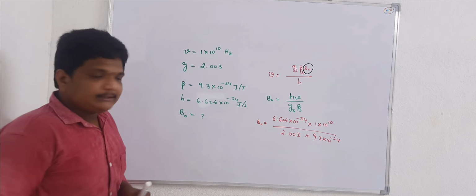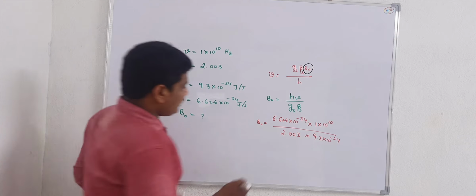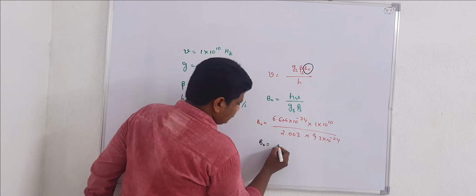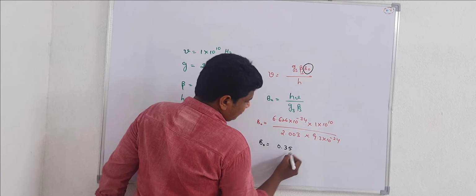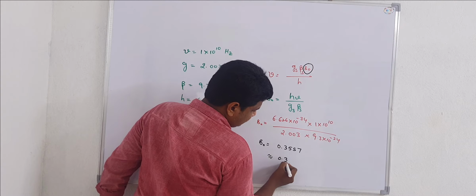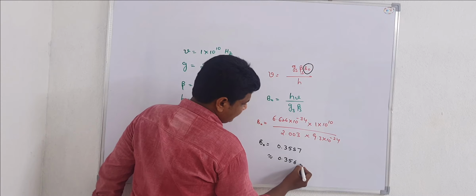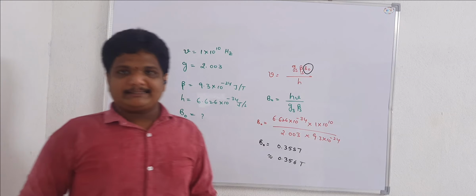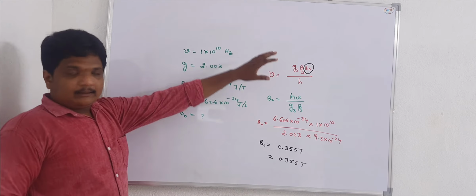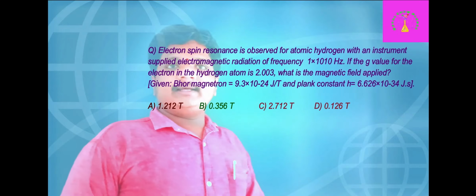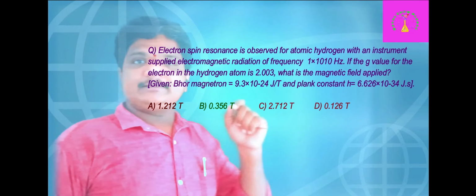By solving this, the value of B naught is 0.3557, which is nearly equal to 0.356 Tesla. In this way we can calculate the value of the applied magnetic field using all these parameters. So the correct option is B, 0.356 Tesla. Let us move on to the next question.